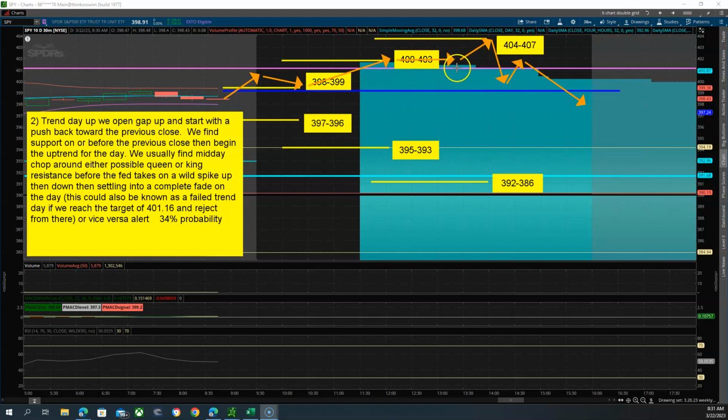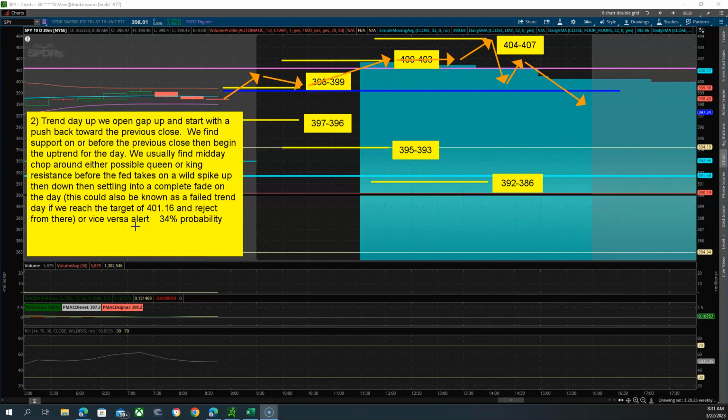And the target here is, of course, going to be the weekly market makers expected move, and then the 404 area that I called out on the weekly chart earlier in the video. So pay attention to those two targets, because they could bring a big failure and give us this failed trend day.